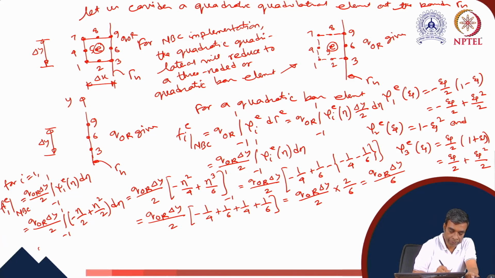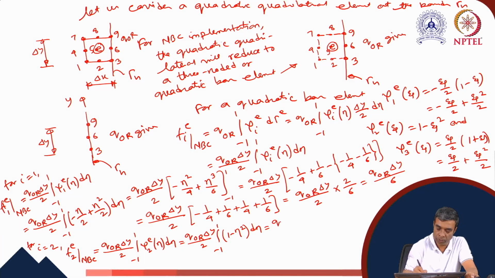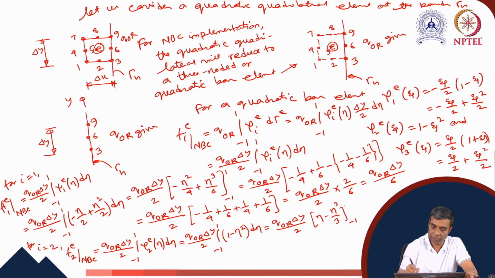Now, if we consider i equals 2, then we have F2E along the natural boundary equals Q0R delta y by 2 integration minus 1 to 1 psi 2E of eta d eta, equals Q0R delta y by 2 integration minus 1 to 1 of 1 minus eta square d eta, equals Q0R delta y by 2 times eta minus eta cube by 3 from minus 1 to 1.